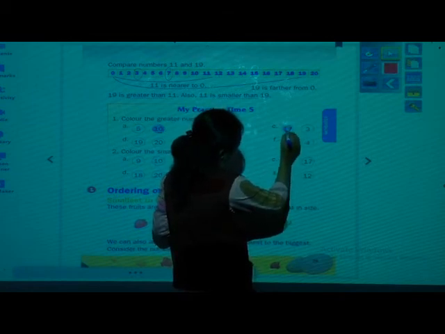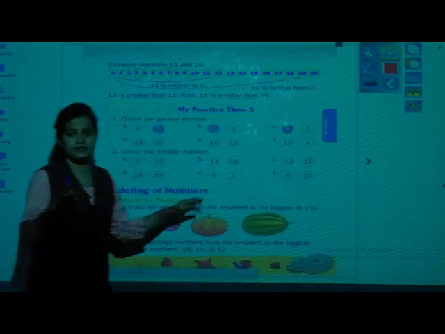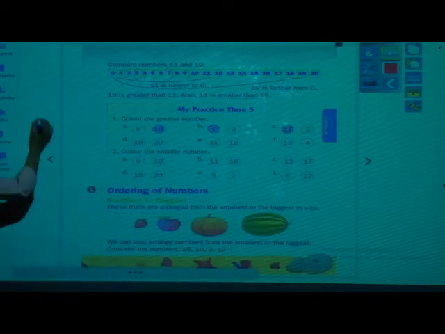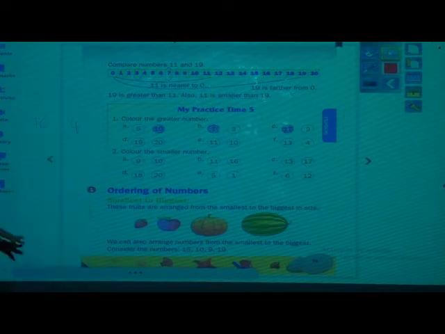One more thing, students: a 2-digit number is always greater than a 1-digit number. If on one side there was 17, I will write here 16, and there 3 was there, I will write here 4. So on this side you can see a 2-digit number and here a 1-digit number.